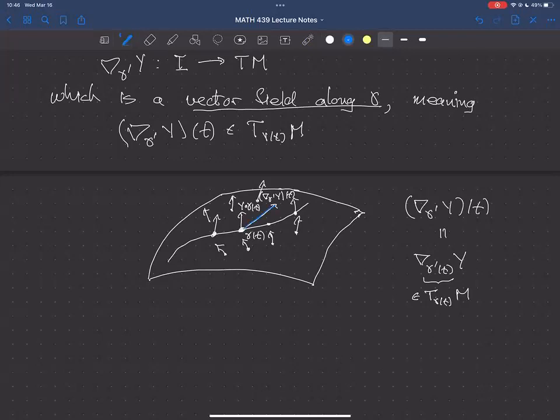So this is this thing, and then this is y composed with gamma t. Okay, does that make sense? We need to write down what this thing actually looks like to calculate it, but conceptually, that's what it is.